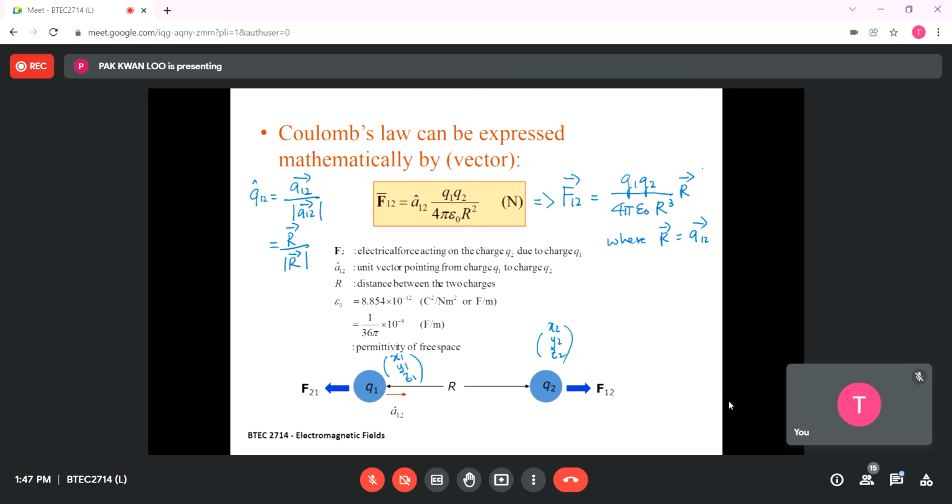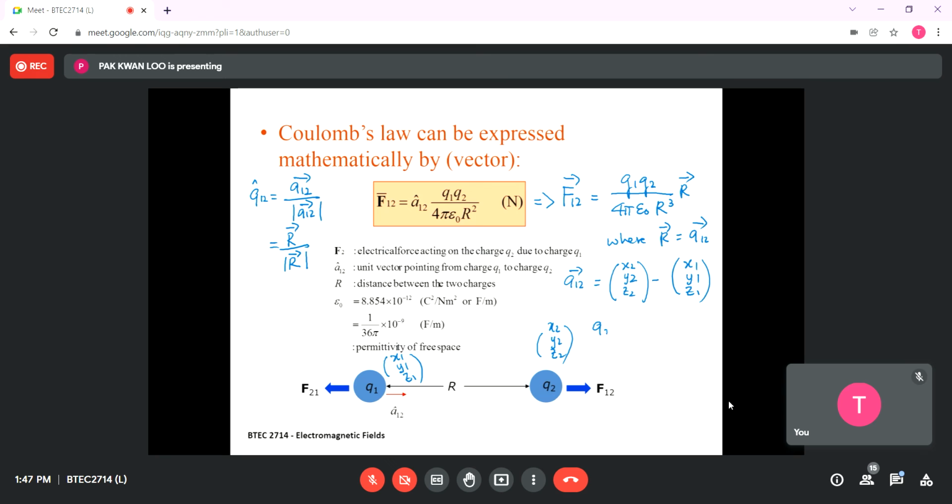So how do we relate the vector from here to here, let's say A12? The vector direction is pointing from Q1 to Q2. So A12 refers to the vector pointing from Q1 to Q2, which is x2, y2, z2 minus x1, y1, z1.